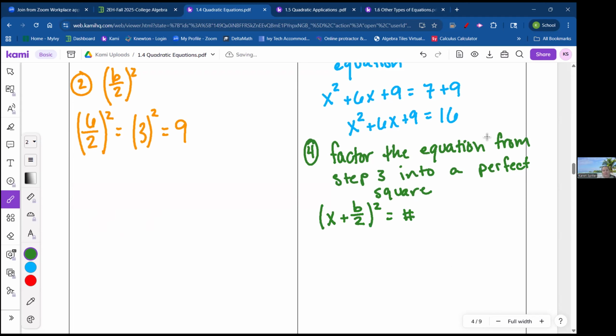So in this particular case, if you look up there at my orange area, 6 divided by 2 is 3, so it's x plus 3 squared equals the number we have, which is 16. That's how you get your perfect square equation there.